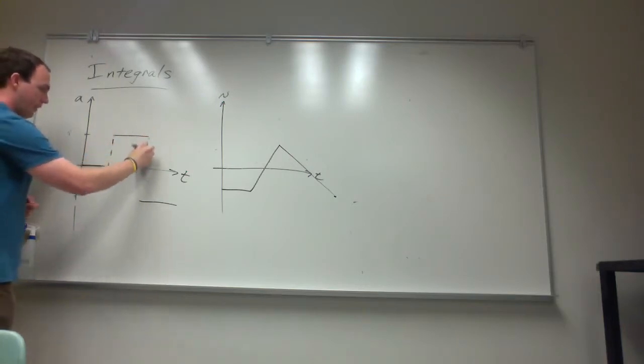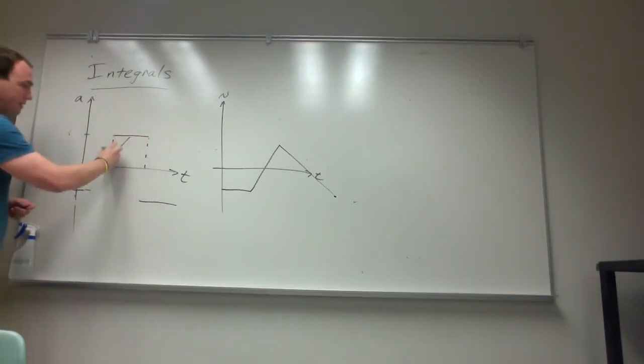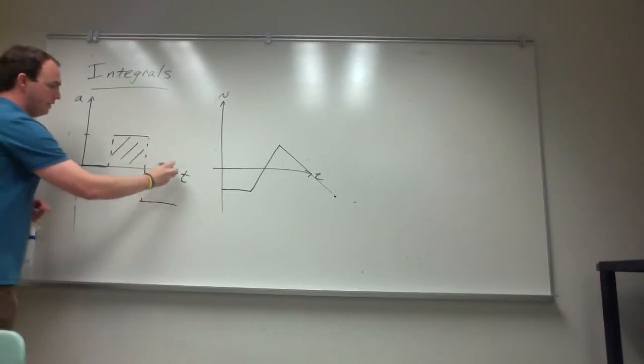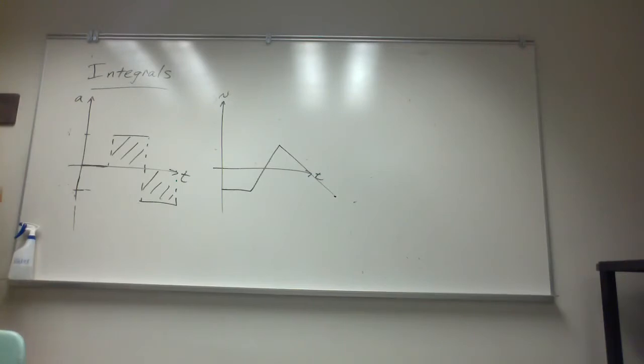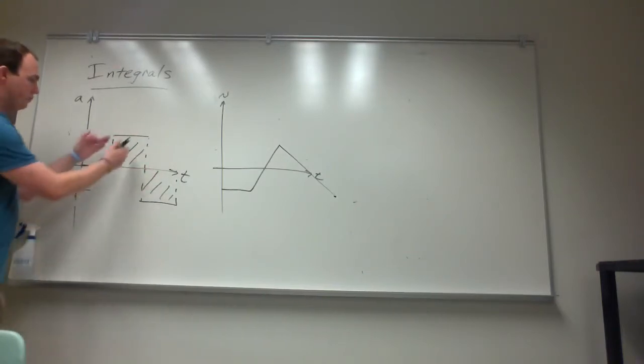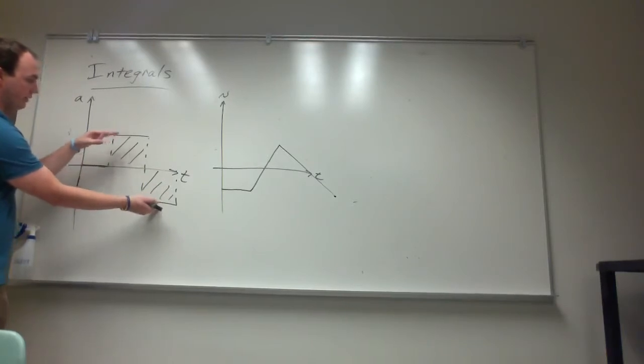So the integral is an area under the curve, right? But this is positive, and this is negative, so we have to treat this carefully. I know in real life there's no such thing as a negative area. You can't have a 600 square foot house that has a negative 50 square foot addition to it. I don't know what that means. But in terms of the integral, when you're below here, that's a negative value.